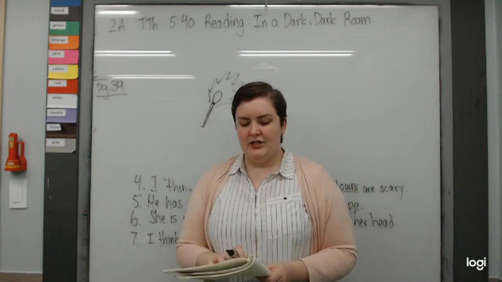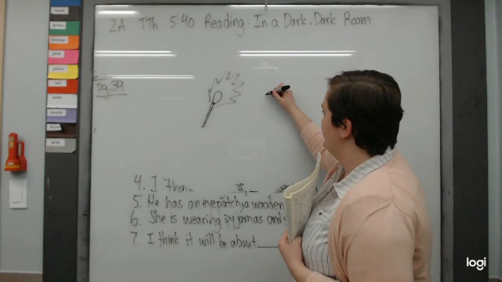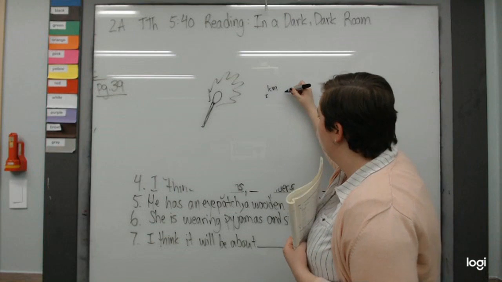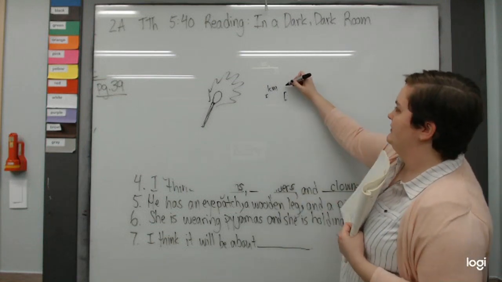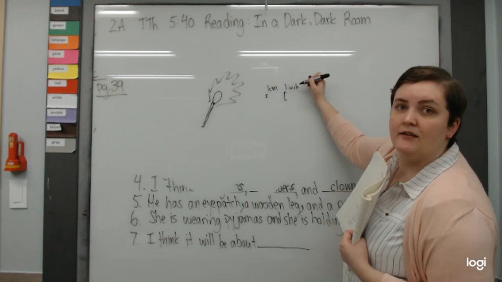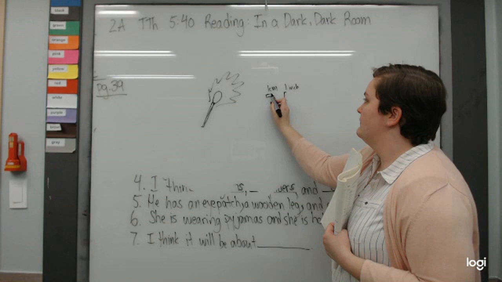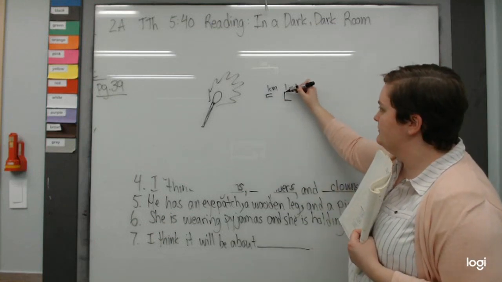And then inches. 1 inch. So if this is about 1 centimeter, an inch, I don't know how well you can see that. This is 1 centimeter, and this is 1 inch.